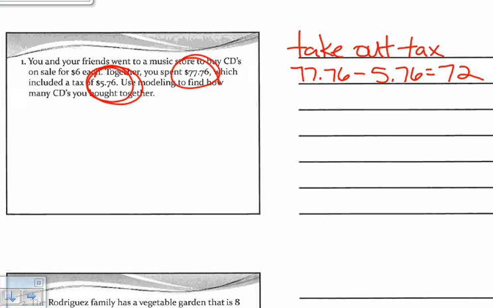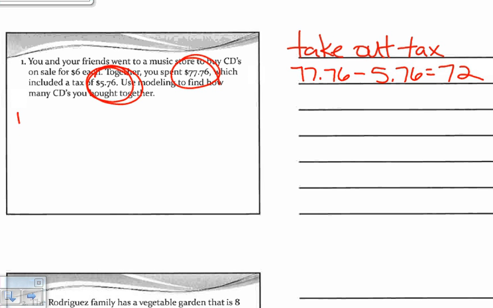Next, how can I find an equation that's going to show me how much I spent and how many CDs I bought? I know that if I were going to purchase one of these CDs, I would spend $6. If I was going to buy 2 of these CDs, I would have spent $12. And if I bought 3 CDs, I would have spent $18.